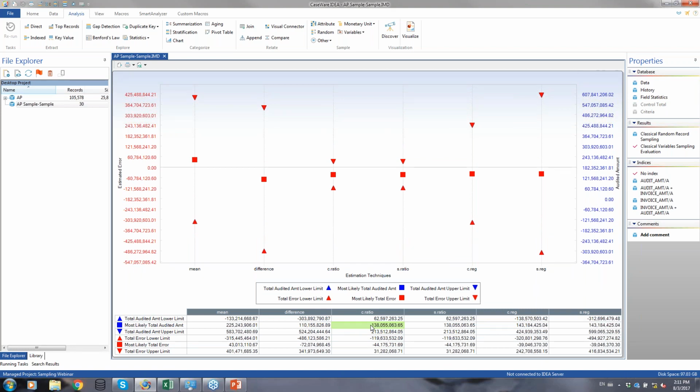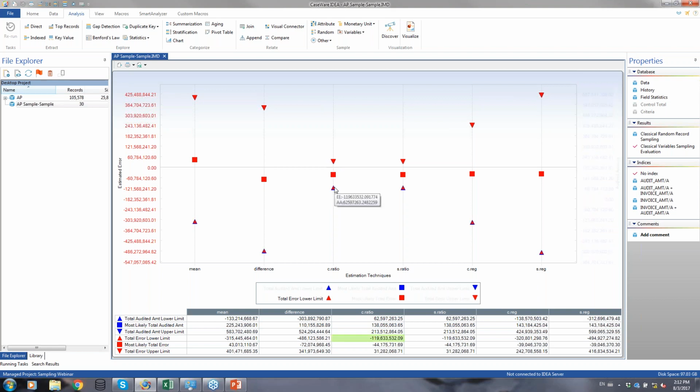What we didn't see in the Excel file, though, is the amount of error that could have occurred. Well, we said that the population should have been adjusted down by about $44 million. But with only getting the 3 errors that we found in the sample, we see that the estimated amount of error could be as low as $119 million of adjustment to a positive amount of $31 million.